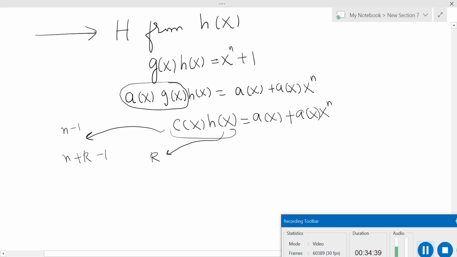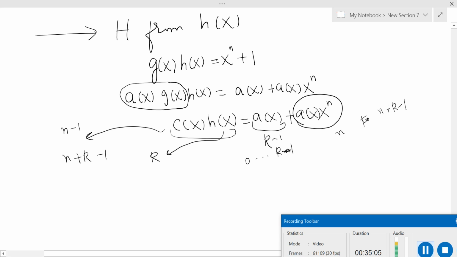On the right hand side you have a of x, its degree is k minus 1, so it will contain terms from 0 to k minus 1. Then x to the power n times a of x will contain the terms from n to n plus k minus 1.